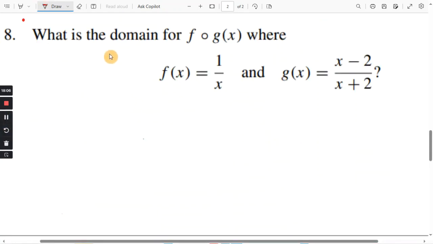What is the domain for f of g of x? The functions are right here. So f of g of x, I'm just going to rewrite f of g of x.